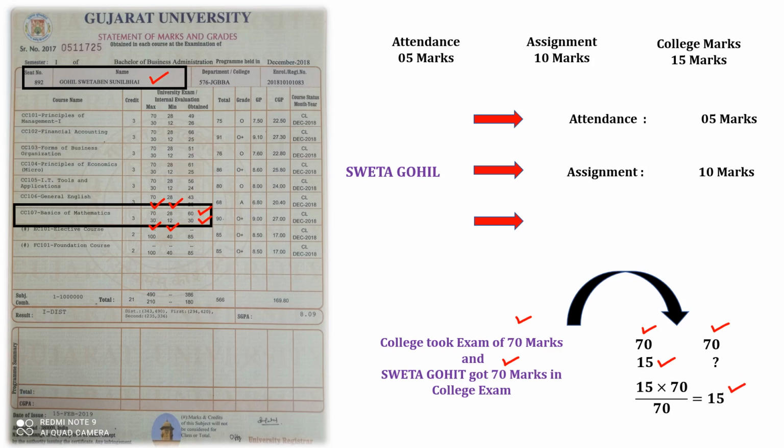So the performance of Sweta Gohil in the college examination is obviously good, and that's why she is going to get 15 out of 15. If we count her internal marking, 5 plus 10 plus 15, the total will be 30, and that's why you can see 30 marks in the mark sheet.